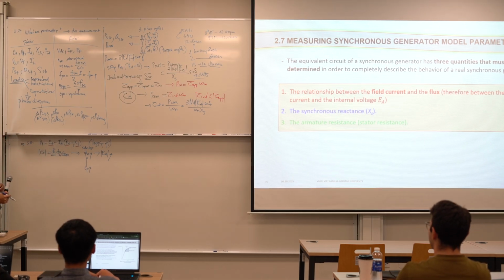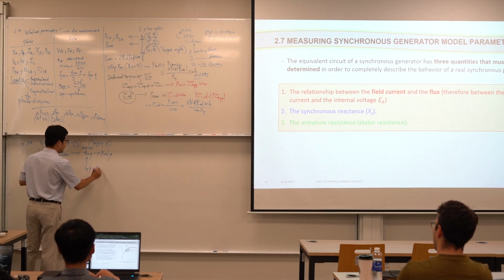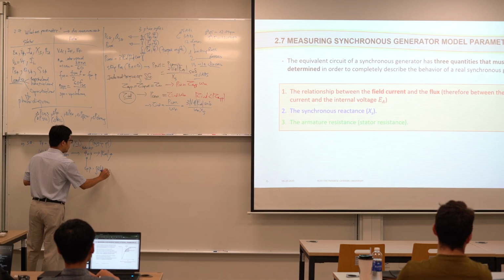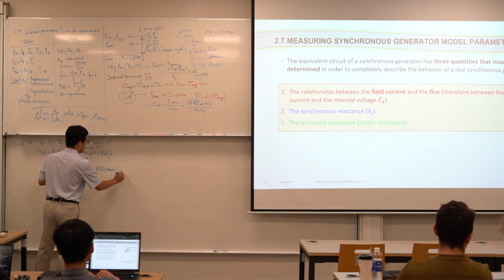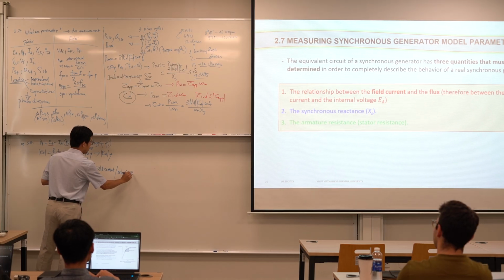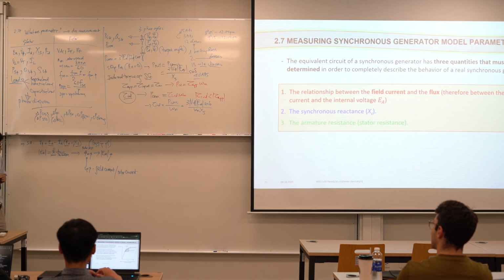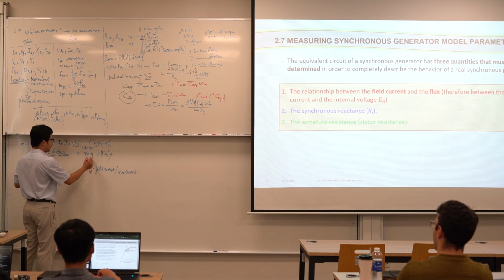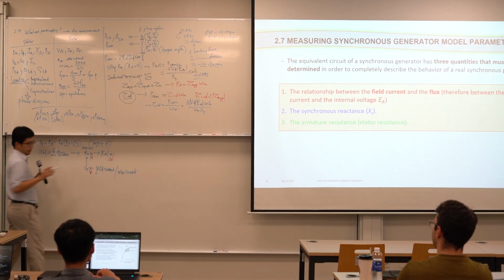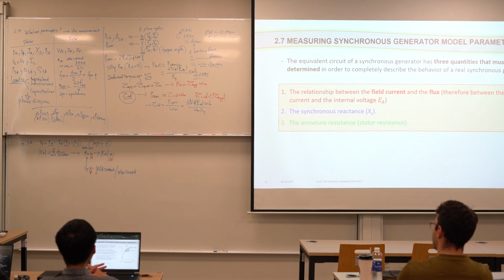What does IF mean? Field current, or we say rotor current. Otherwise, if we reduce IF, we reduce phi m, and reduce EA. Any questions?